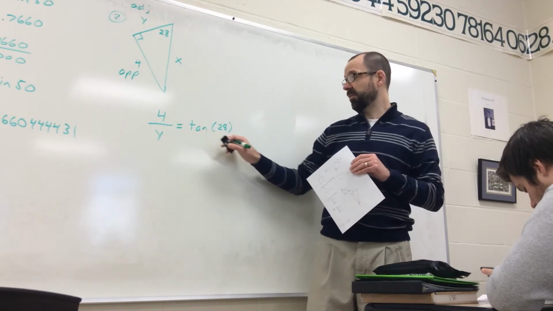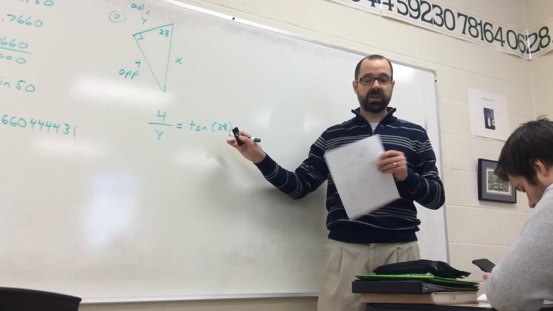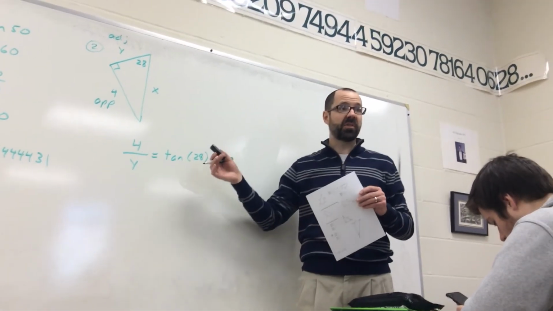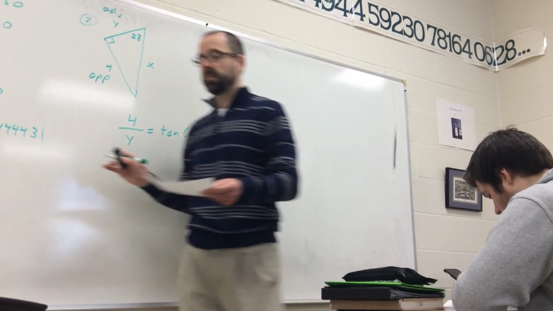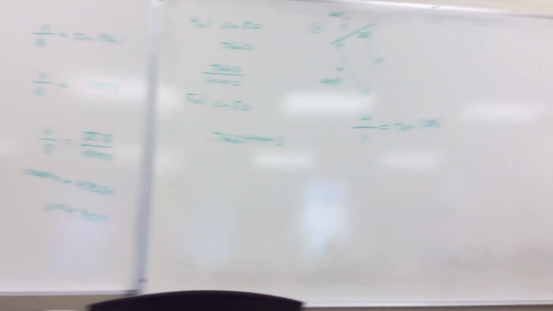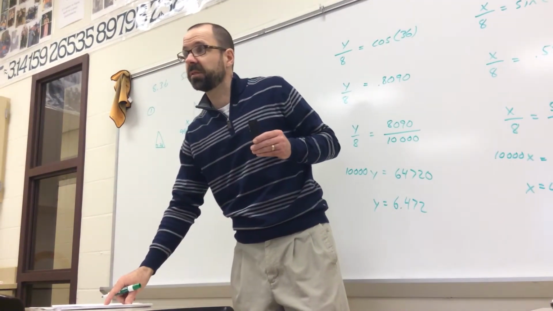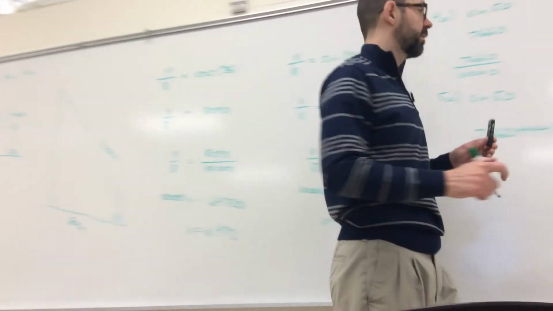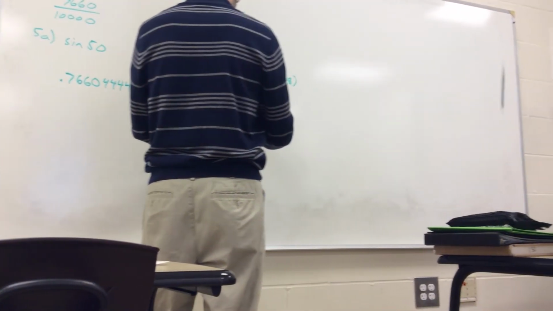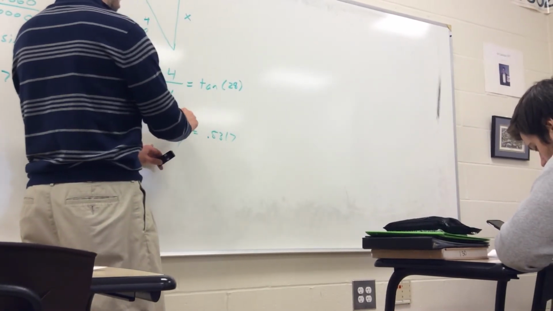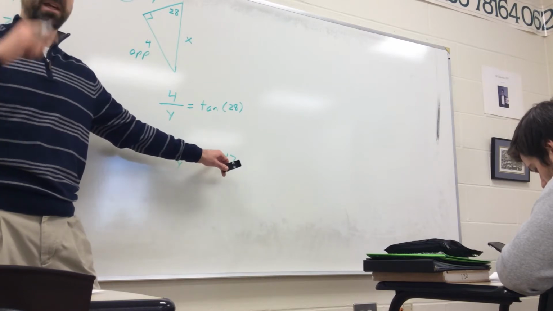All right, so now we can look this number up. We can either look it up on the calculator or we can look it up on the table. Doesn't matter, whichever you have handy. So tangent of 28 is .5317. Everybody seeing that? That's what the tangent of 28 is.